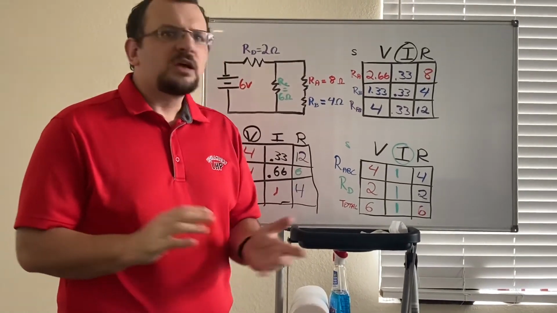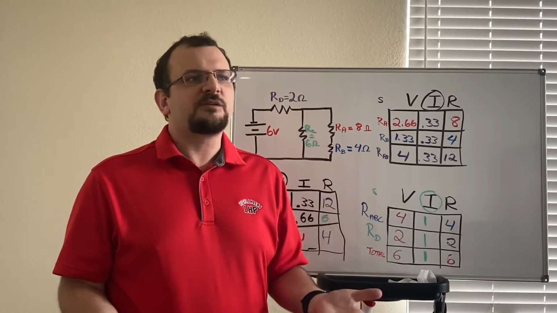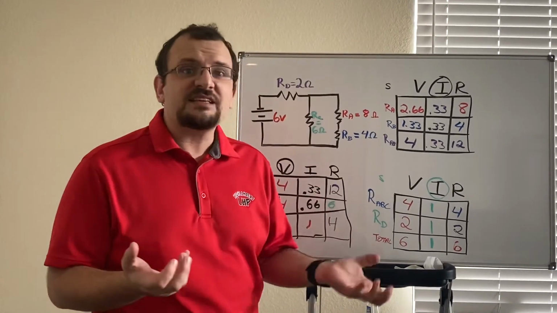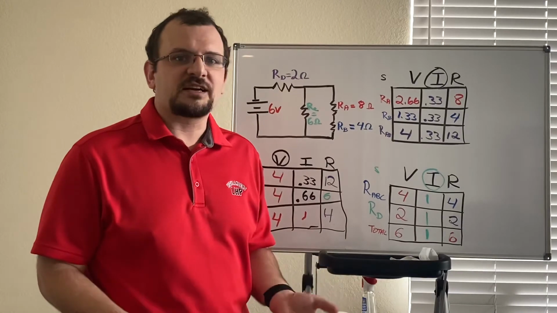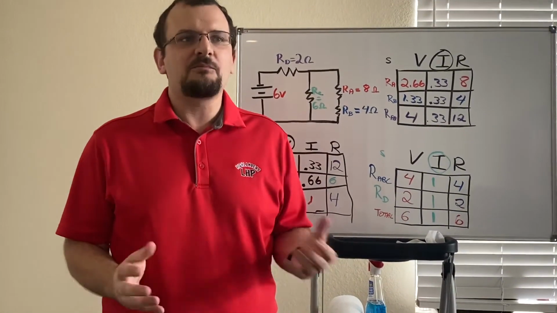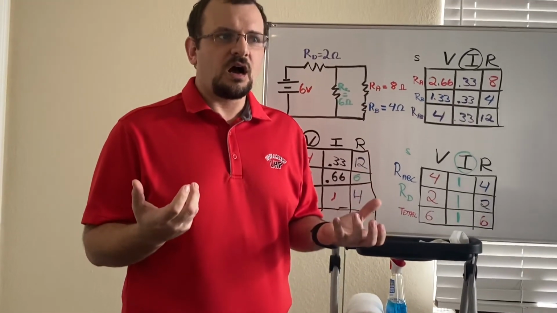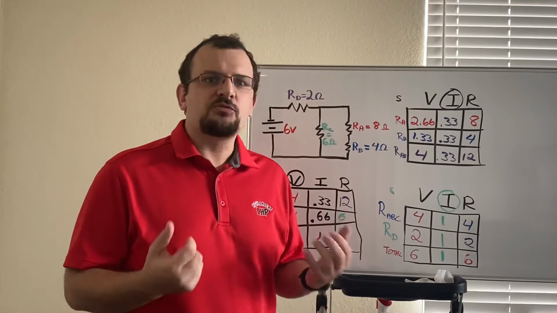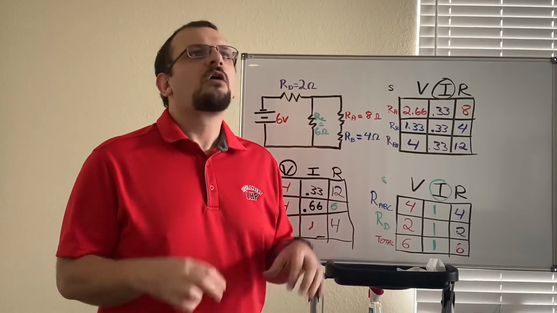So you now have a problem set to start working on, which is going to be using this information with using these tables in order to analyze combination circuits, which have both series and parallel components. And one of the best things to do is double check to make sure that you really are adding resistors together properly.